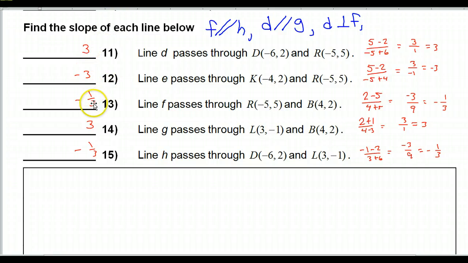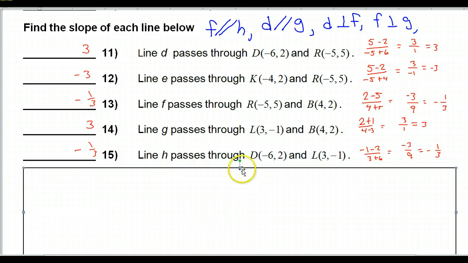So we had 3, and 3 and -1/3. So I guess there's a bunch of these. D and F would be perpendicular, and F and G would be perpendicular for the same reason. What about H? G and H, D and H. There's a lot of perpendicular. So let's go on and answer the actual questions.